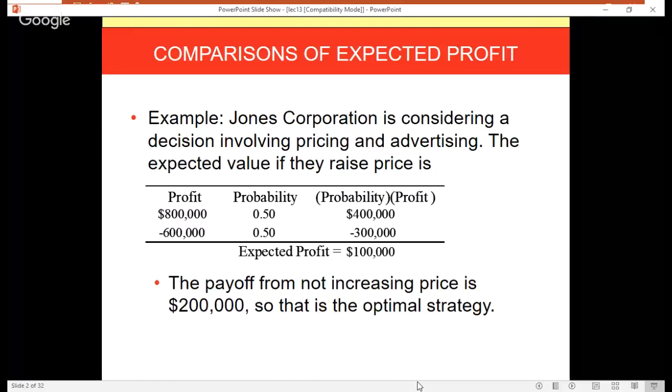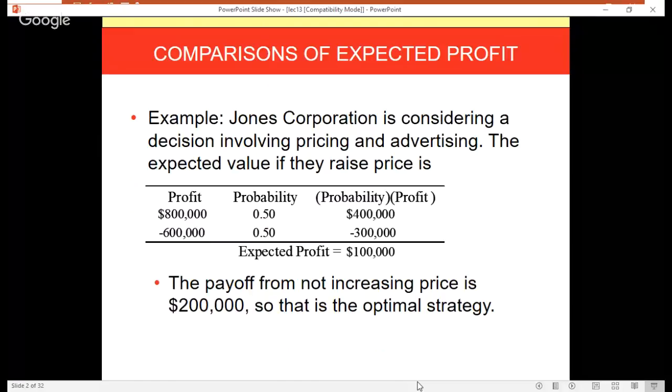from this pricing and advertising decision by Jones Corporation. Right? Also, that the payout from not increasing the price, right, and not doing advertising gives me 200,000. So my best strategy in this case is to not incur the new strategy of pricing and advertising.